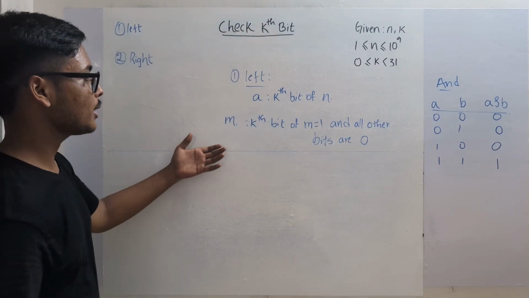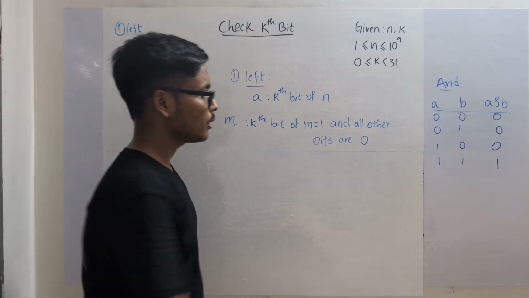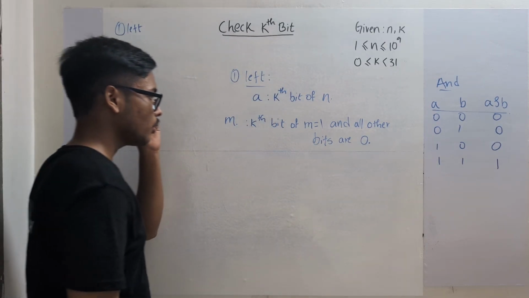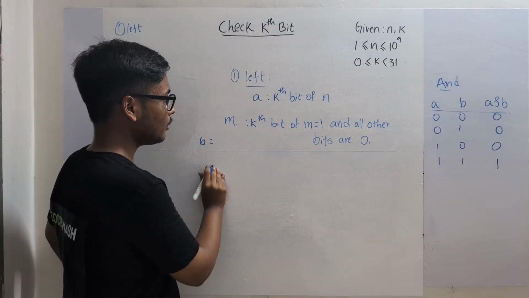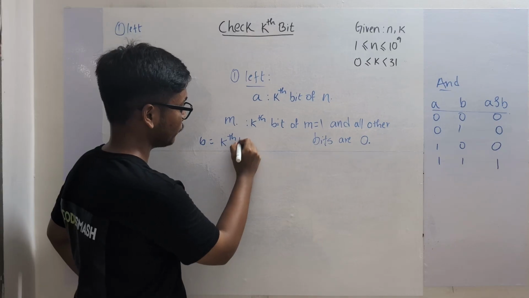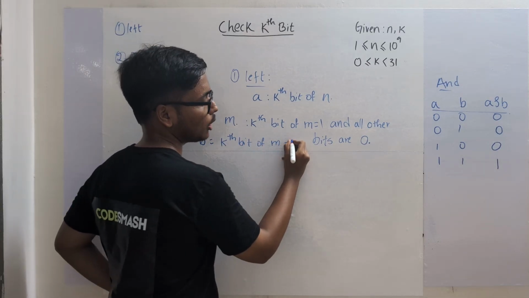Okay, I have to generate a number m such that the kth bit of m is 1 and all other bits are zeros. Okay, so let b be the kth bit of m, which is nothing but 1 always.